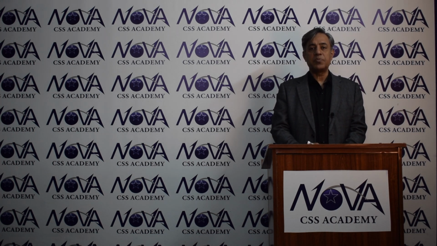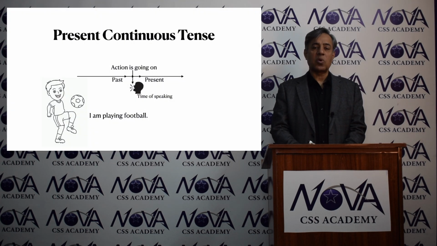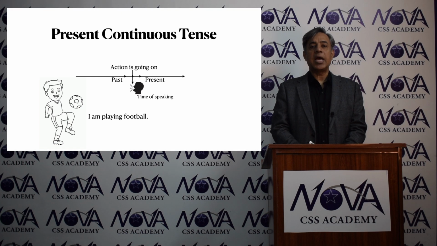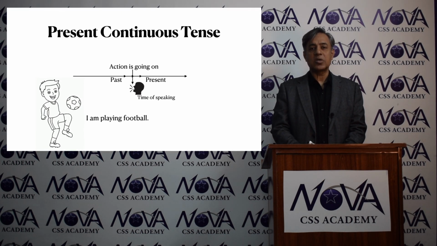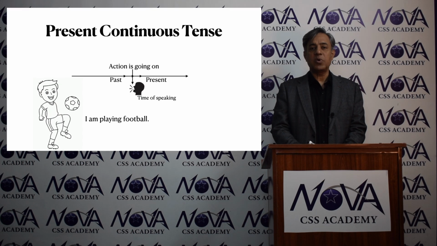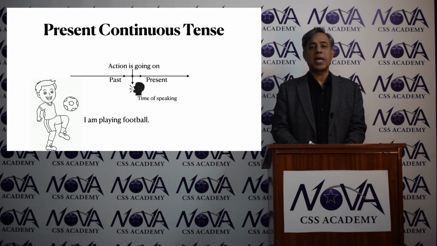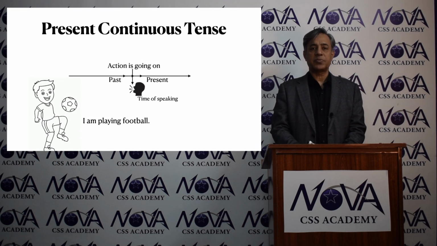So, situation number one or case number one is when we are talking about an action which started somewhere in the past and it is still going on, it is still in progress, it is still in continuation at the time of speaking about it, and it will get completed after the time of speaking.